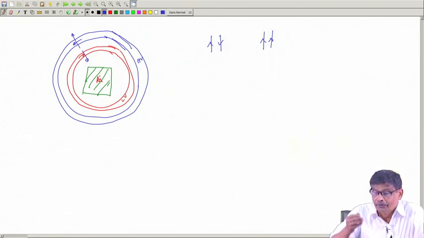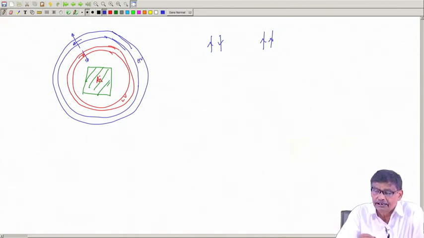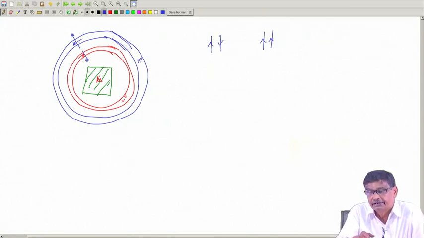You cannot allow a very large short circuiting current to flow, apart from the fact the winding may be spoiled. But you know, to make a winding burn, that large current must be there for sufficiently long time. It is not I square R, it is I square R into T that decides how long that large current is flowing.